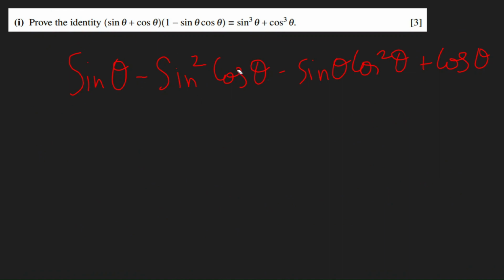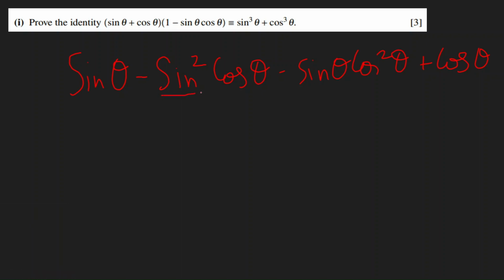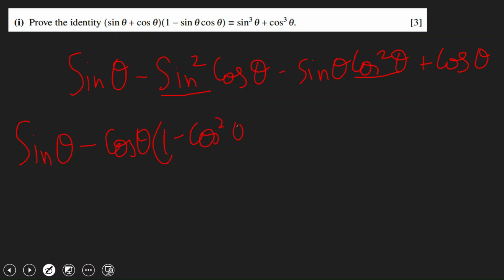So what I have done over here is simply expanded this fraction over here. And the next thing to do would be to convert this into cos and this into sine. So you'll get sine theta minus cos theta into 1 minus cos square theta minus sine theta into 1 minus sine squared theta plus cos theta.